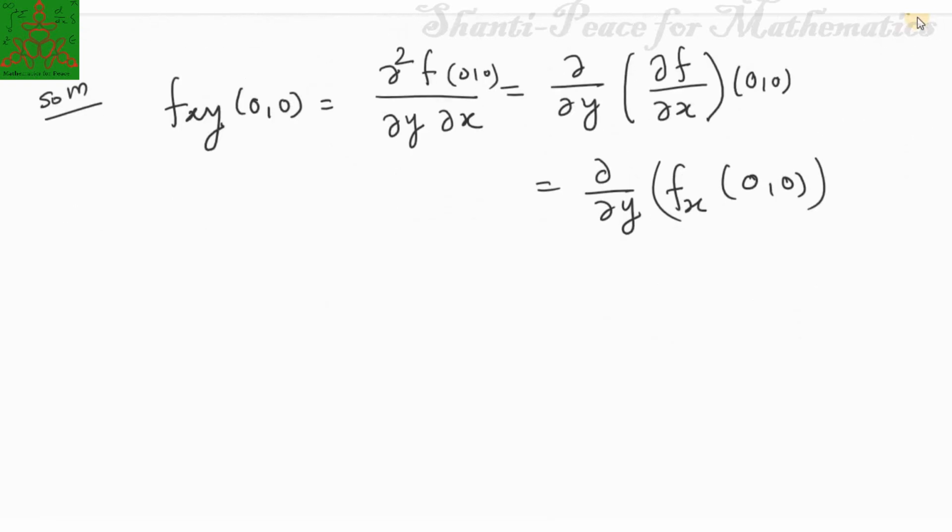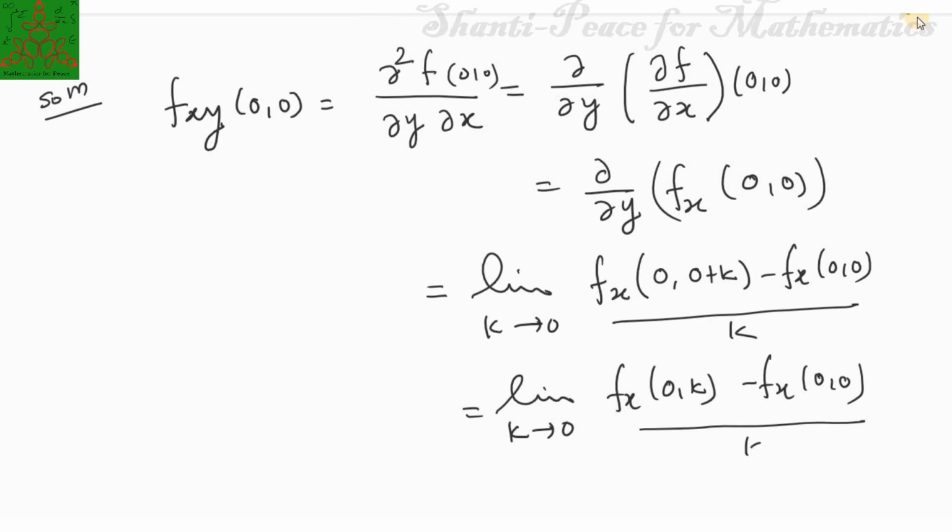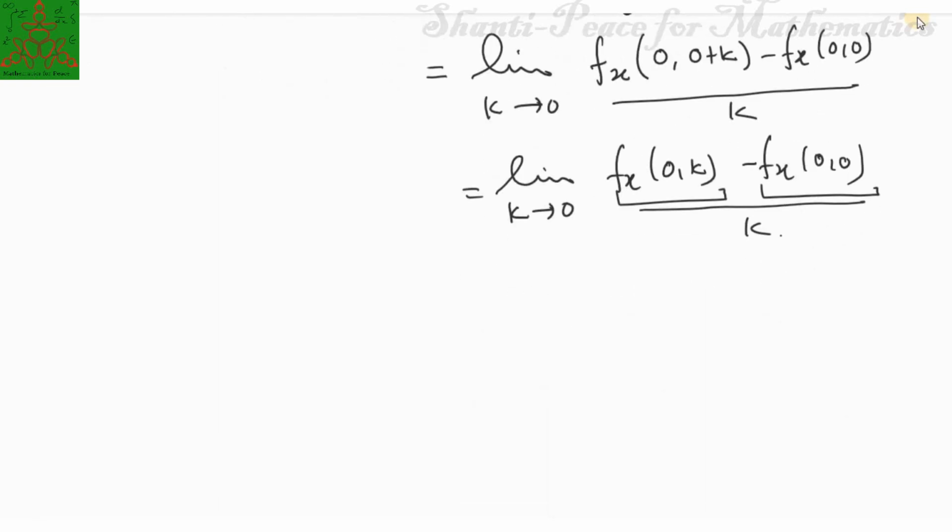This quantity is nothing but the limit k tends to 0 of fx at (0, 0 plus k) minus fx at (0, 0), upon k, and that is equal to limit k tends to 0 of fx at (0, k) minus fx at (0, 0), upon k. Hence we need to calculate fx at (0, 0) and fx at (0, k). So let us calculate one by one.